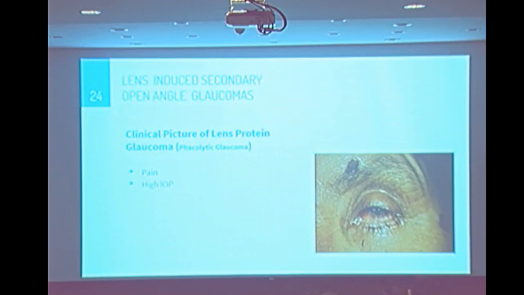High IOP, in the 60s, 70s, even more, and poor vision, as in the phacomorphic glaucoma, sometimes faulty light projection, due to the pain and so on. Conjunctival hyperemia, corneal edema, and when you look at the other eye, you will find it is either aphakic or pseudophakic. In a population like that of a third world country, once they are moving around and they have had one eye done and everything is fine, they neglect or forget about the other eye until they come with a phacomorphic glaucoma or with lens protein glaucoma.